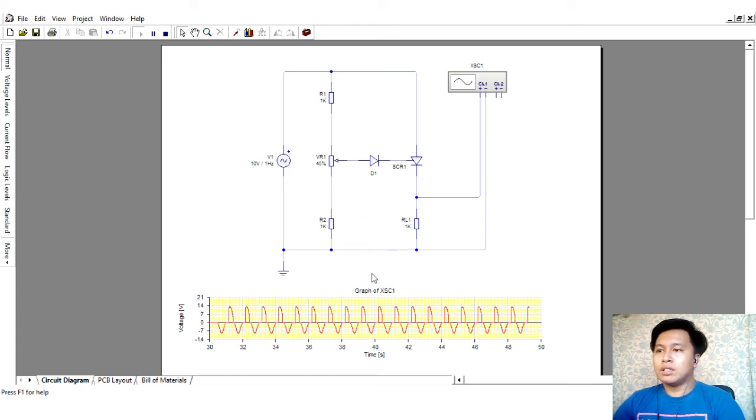So we can see that the higher the percentage of the potentiometer, the angle is raised up to 180 degrees.